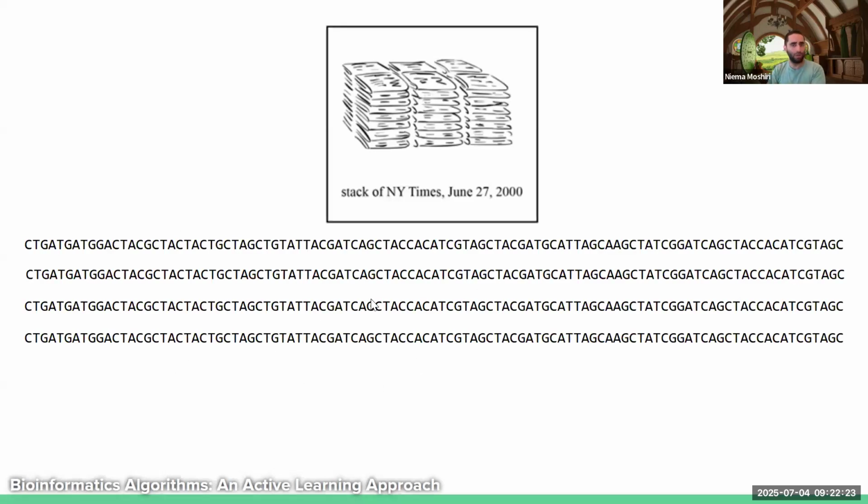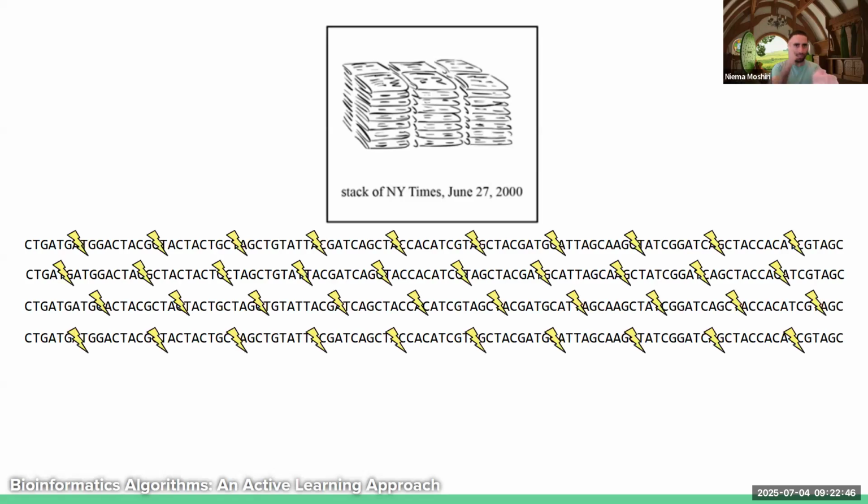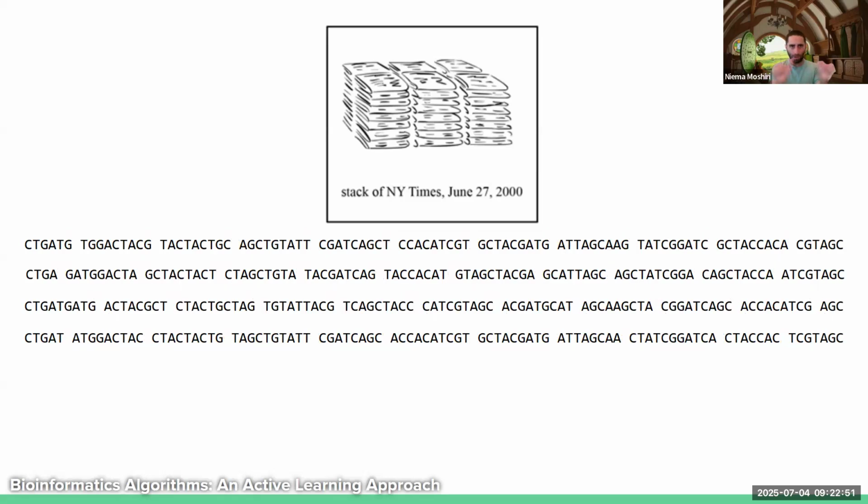And then for reasons you don't have to worry about, the sequencing machines that we use are not able to just read the genome from start to end. They can only read relatively small fragments. For example, the COVID genome is about 30,000 letters long, but the DNA sequencing machines that we have can only sequence about 100 to 150 letters. So what we actually do in the sequencing experiment is we randomly chop up all these copies into random smaller pieces.